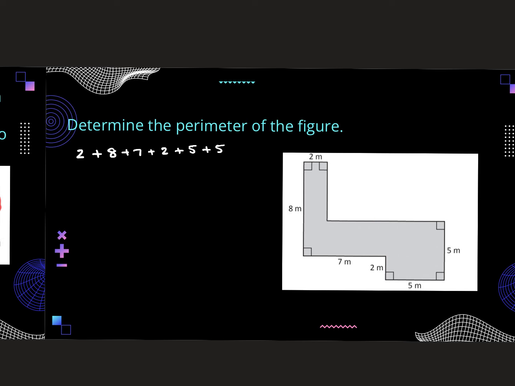We now have to look for this length here. So this length here is going to give us 10. And this length here is going to give us 5, which gives us a total of 44 meters.